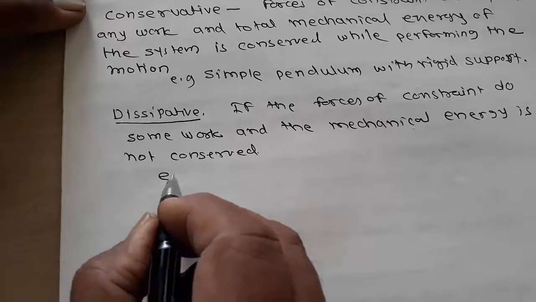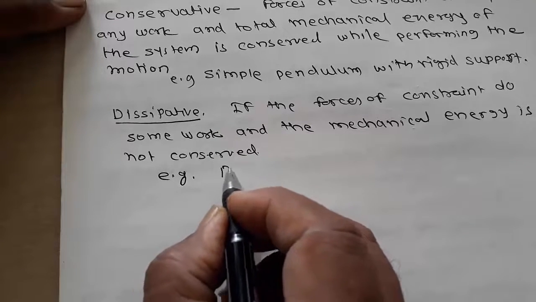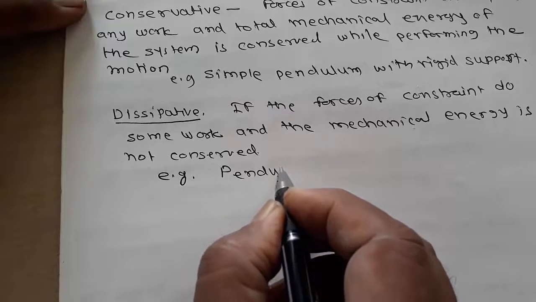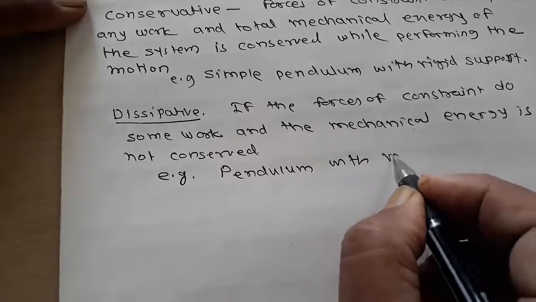The example of dissipative constraint is the constraint involved in the motion of a pendulum with variable length.